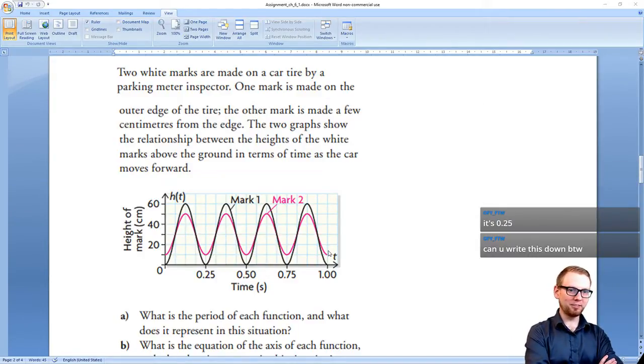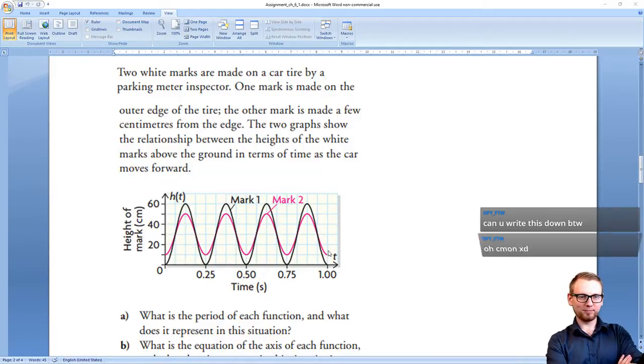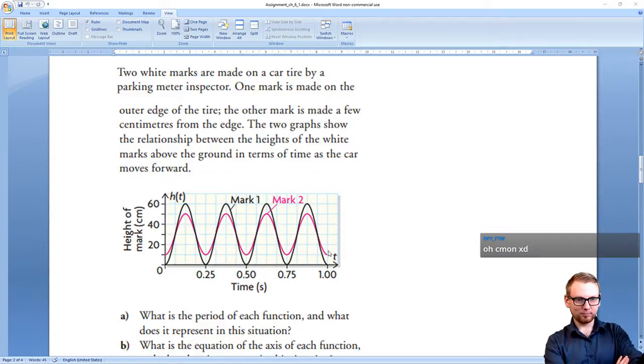You write it down. Come on, bud. You're here. You're doing your notes. Come on. What is the equation of the axis?